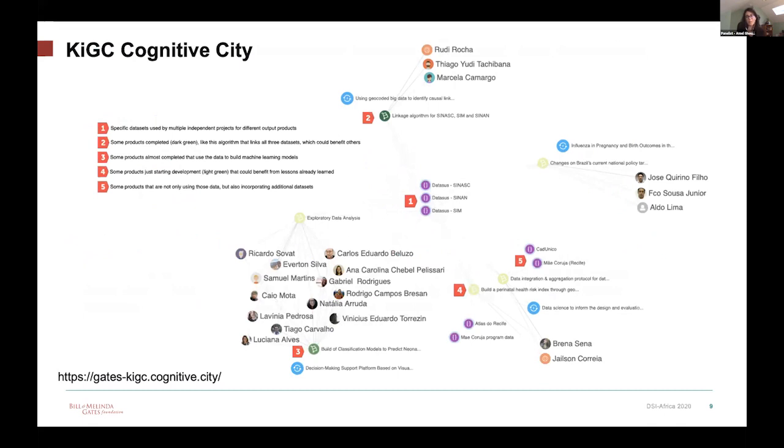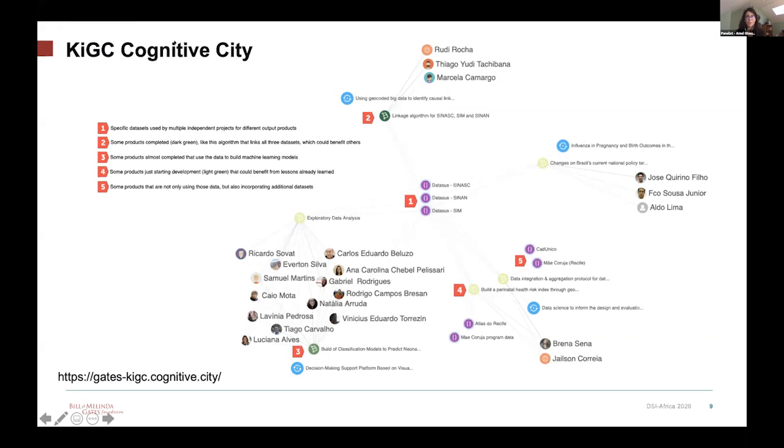So as we try to build this community and foster collaborations across the different regions, we do this via different ways, and some of them are convening all grantees together for a few days of meetings and workshops, and obviously now everything is online. But we also have this platform, which is basically a cognitive city.